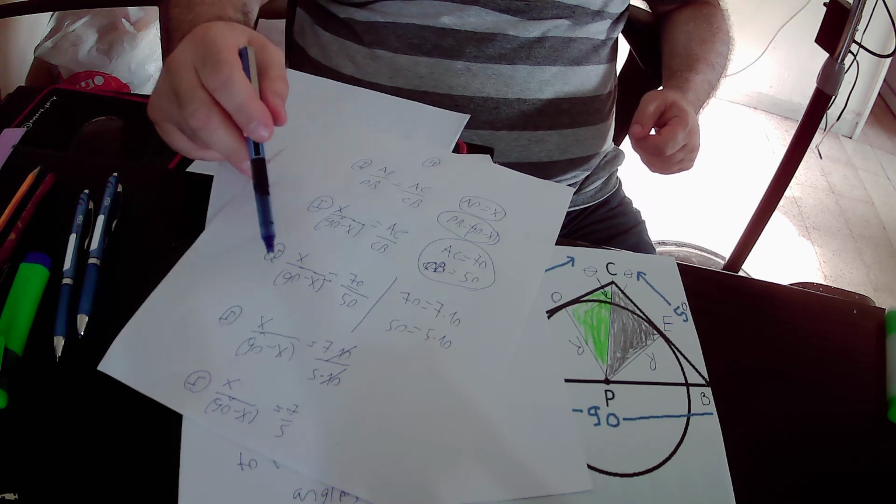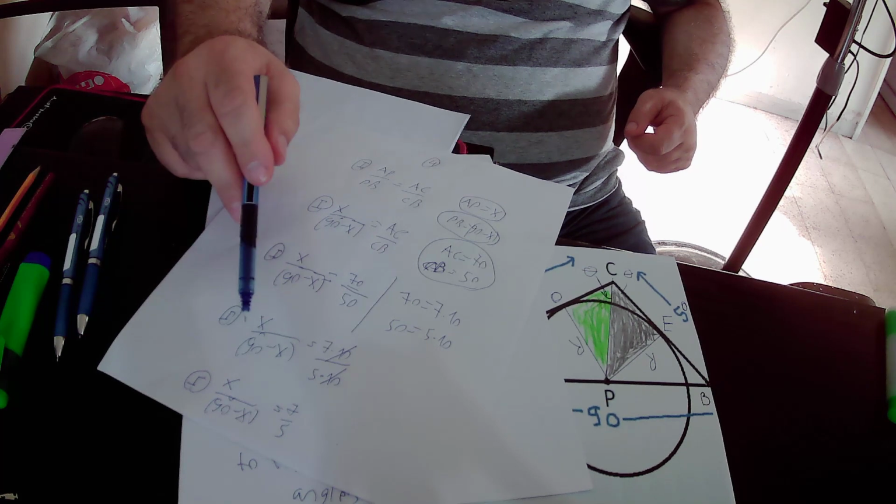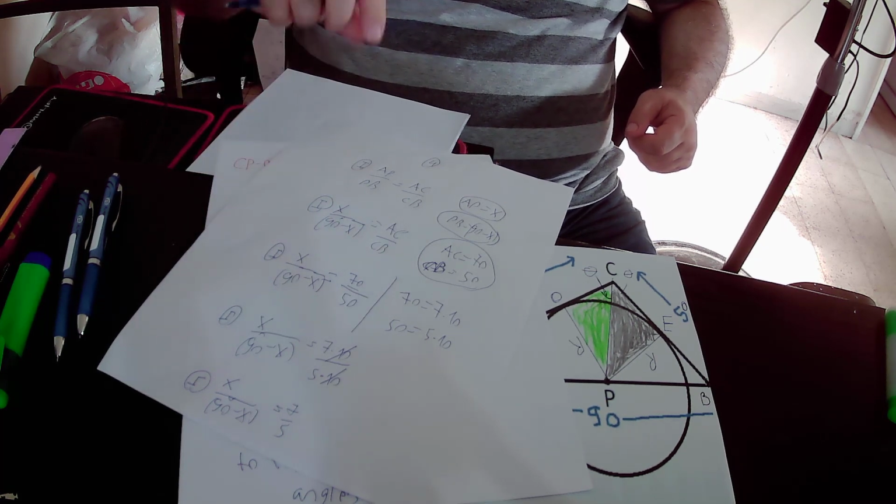We got that X over 90 minus X equals 7 over 5. Now we will multiply both sides of the equation by 5.